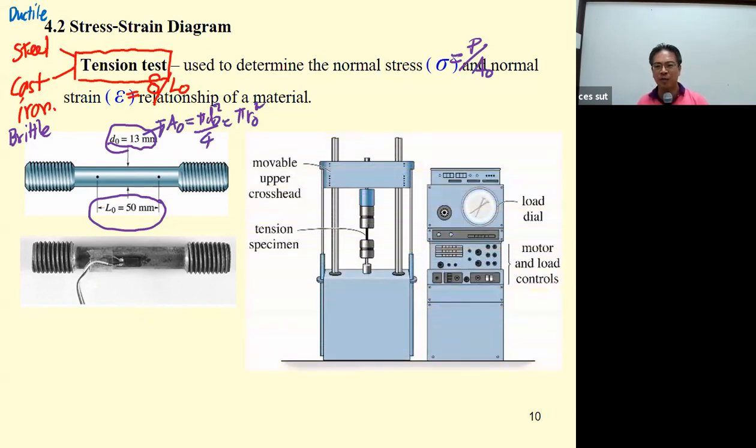Okay, we put the specimen into the testing machine, and we measure the load from the load dial, and also we measure the elongation of the specimen here. That means we can compute the stress and strain for each load step.